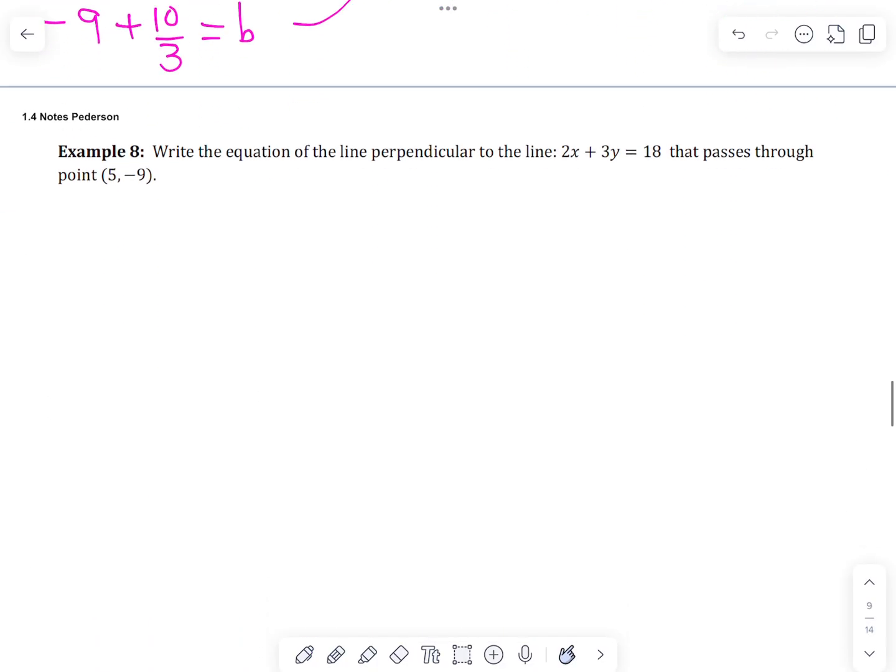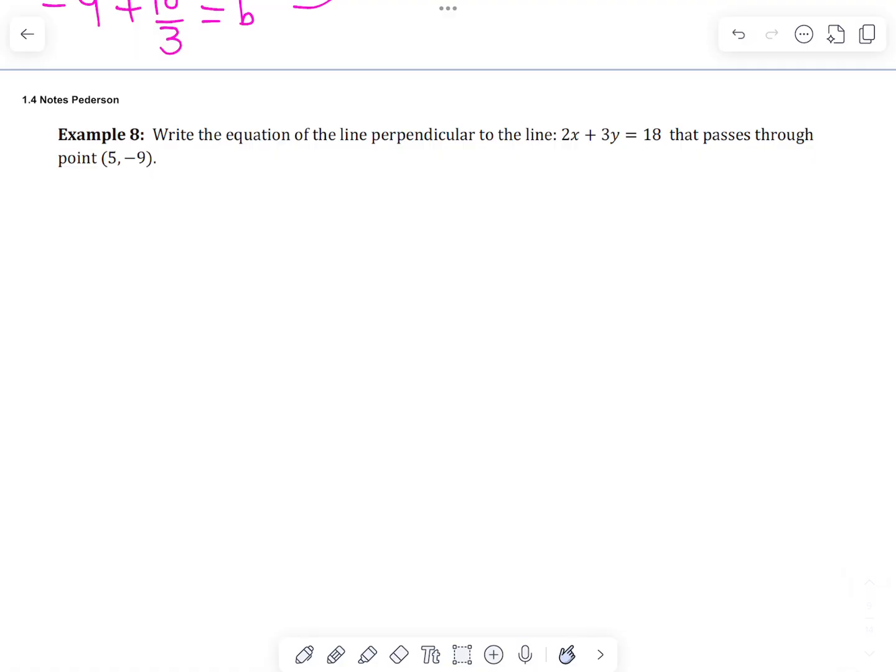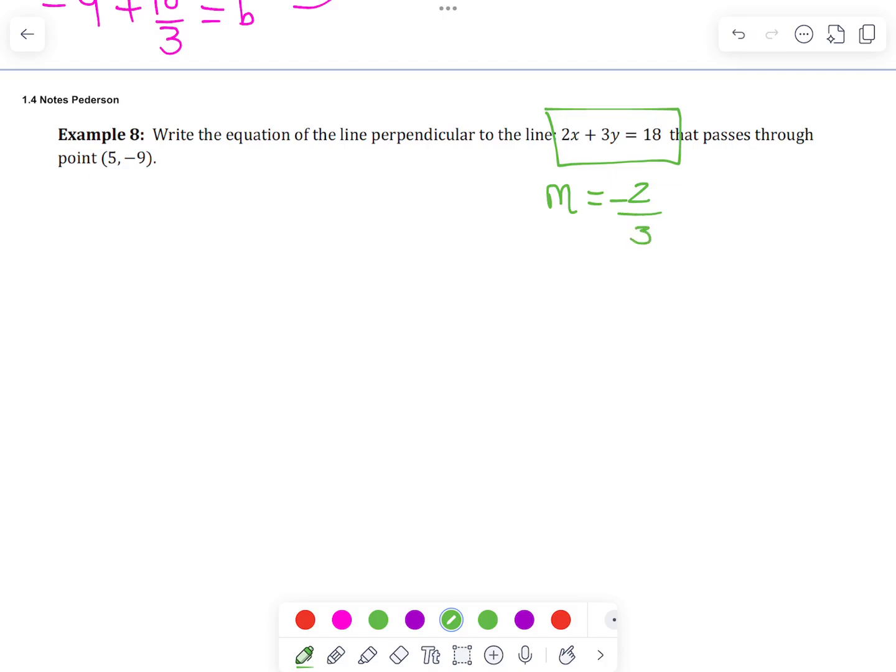Now, example 8 is very similar because we already worked with this green one in example 7, and we identified the slope already. It had a slope of -2/3. And now we want to come up with a line that's perpendicular.